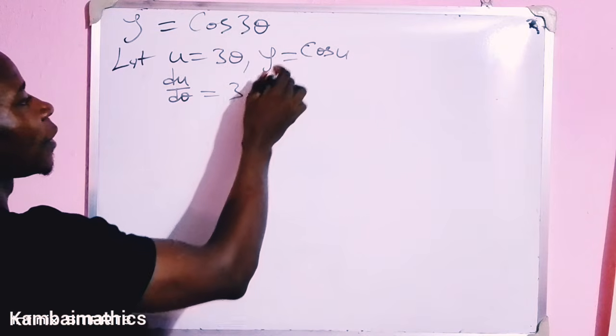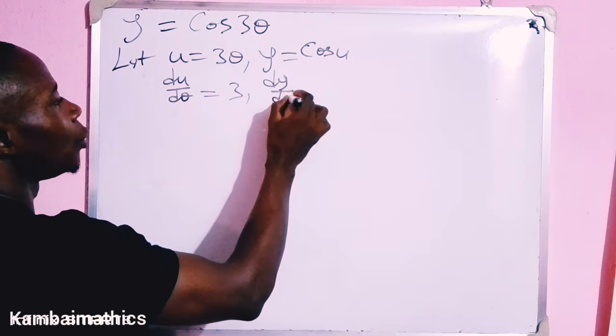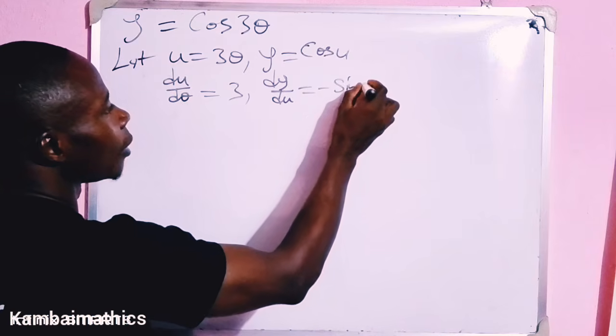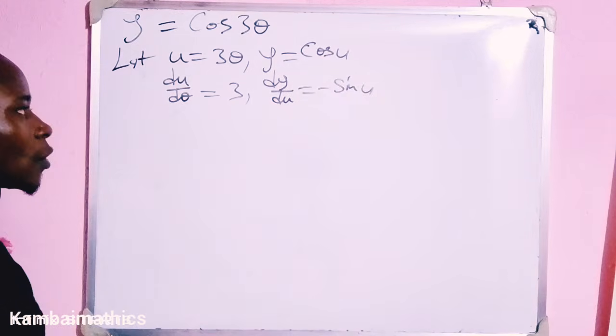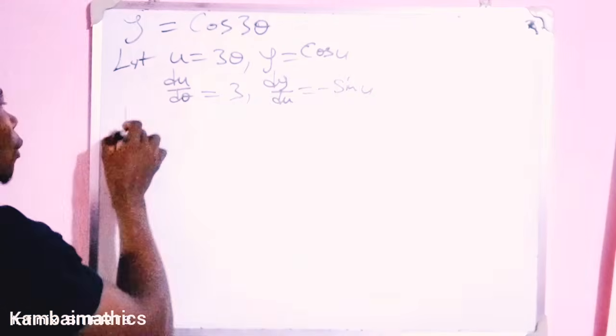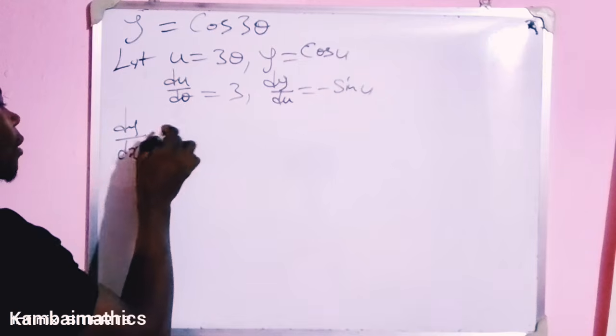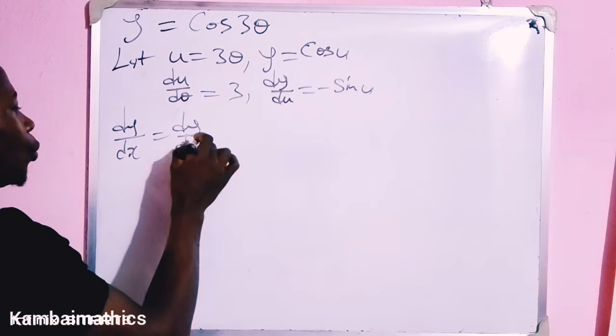So definitely dy over du will give us minus sine u, because when you differentiate cos, it will give us minus sine. So now dy over dθ is equal to dy over du times du over dθ.